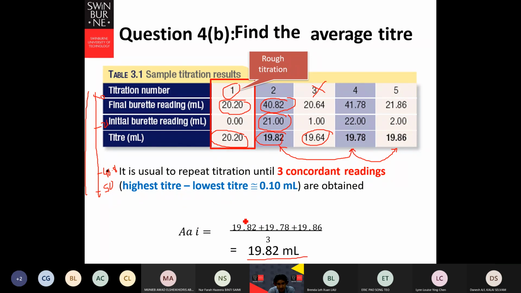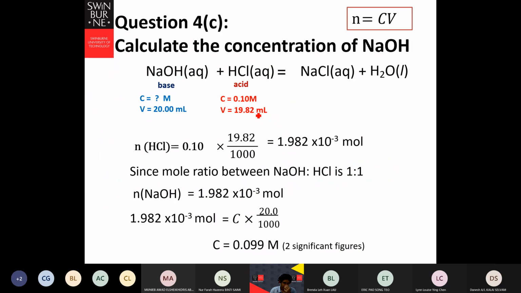The average of these 3 is 19.82, and this is the titer that we have added. On average, 19.82 milliliter was required to neutralize the base in the conical flask.